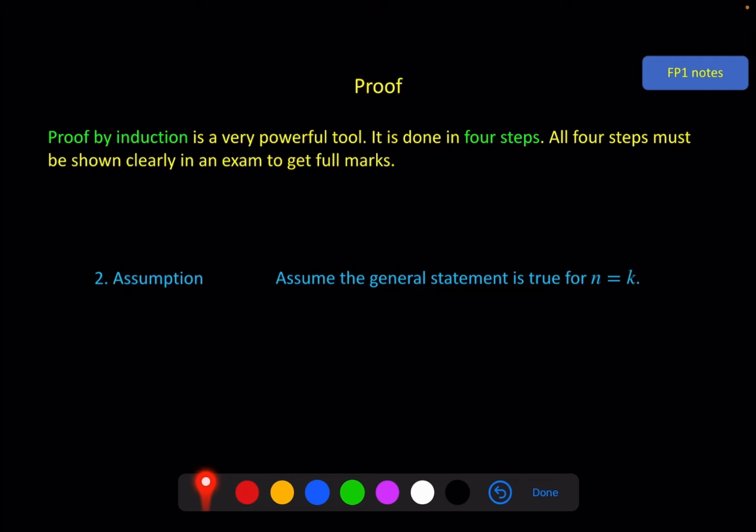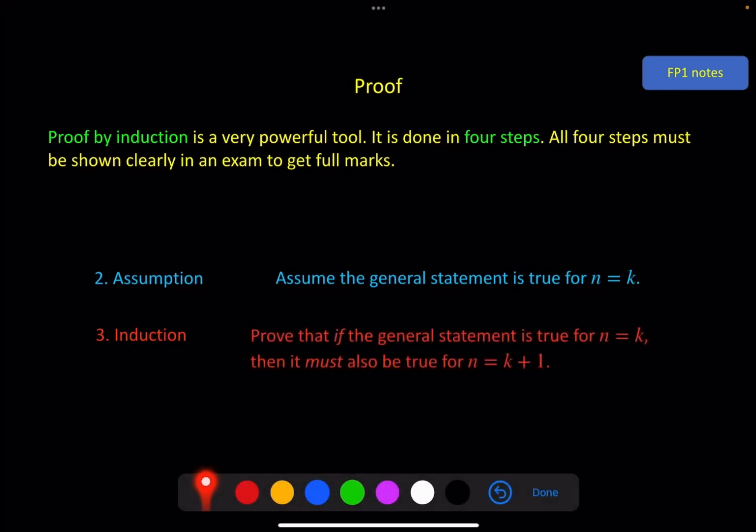So the generalized statement, the thing you're trying to prove, we're going to assume it is true for n equals some integer k. Now this is obviously not the proof part of the proof, because we're assuming something that may or may not be true. But on the back of that, we are going to do an inductive step, and we're going to prove that if this is true for n equals k, then it must be true for n equals k plus 1, the next integer.